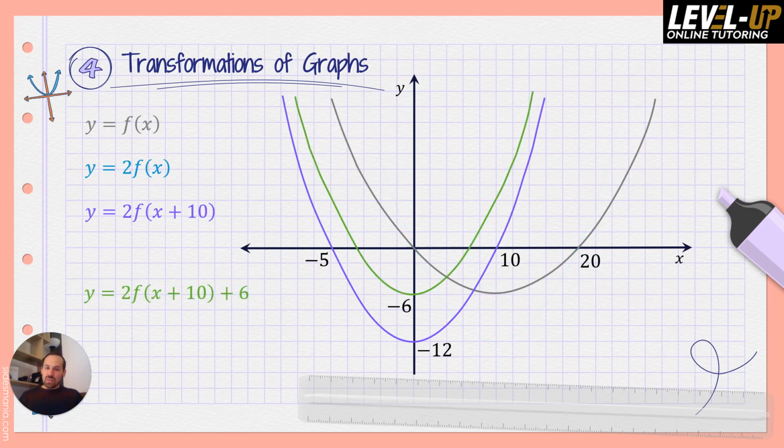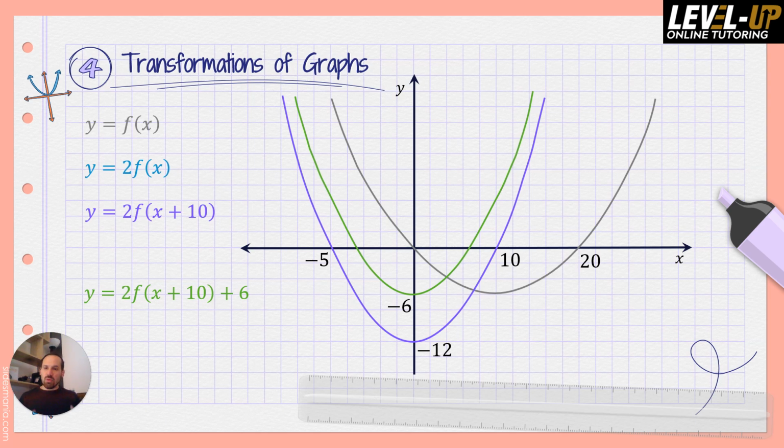And finally, now we take that transformation and we add 6 to it. And so we know that's basically shifting the whole graph up like this. And again, even though it looks like the graph gets very close in places, that vertical distance is still the same across the entire graph. It's just a bit of an optical illusion. But if we focus on the vertical distance, it's actually the same.